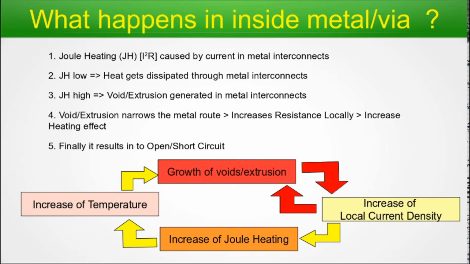Now these last two steps, marked by red arrows, keep on going in a positive feedback loop, and finally whatever was getting created, void or extrusion, finally causes a disconnect or a short circuit, and the circuit performance is damaged, and in the in-between stage the performance is slowly degraded.